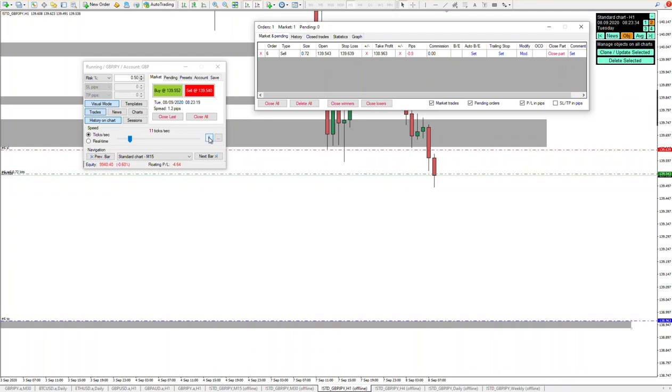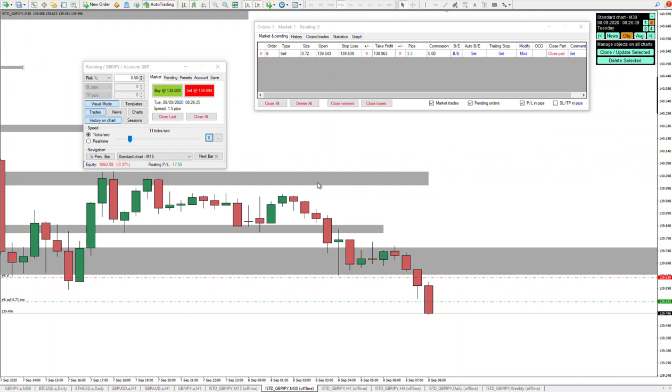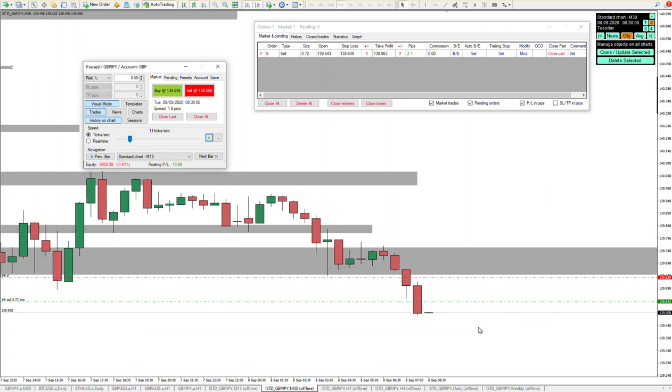Let's see how the M30 closes. M30 closes bearish. The lower high, lower low, almost no wick on the bottom.